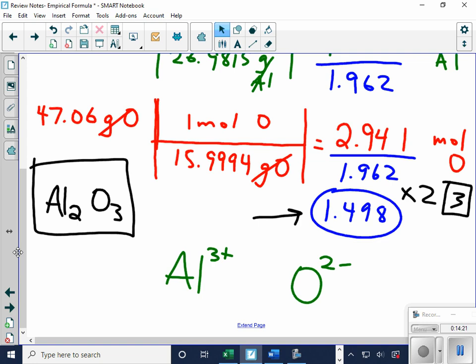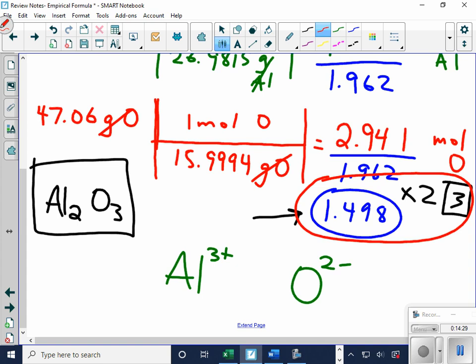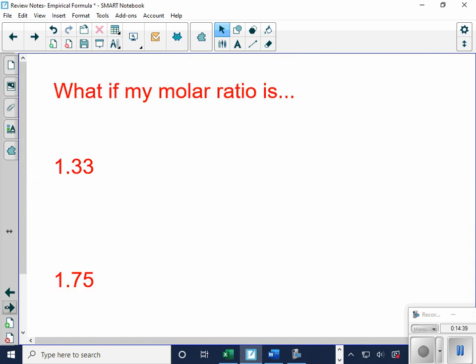Now, I want to go back to a point. When we did this step right here where we had to multiply that by 2 to get the whole number 3, well, let's look at some things. When we have these, they have a rhyme or a reason to them. So if you get really, really weird numbers, you might want to go back and look. But if I would get a number for my molar ratio of a 1.33, how am I going to get that to a whole number?